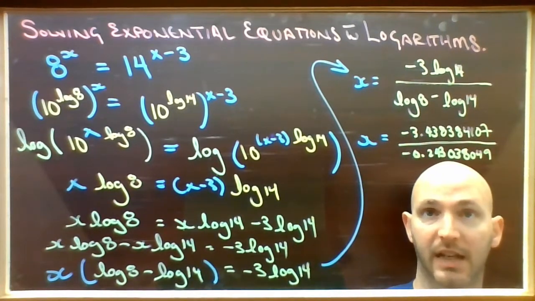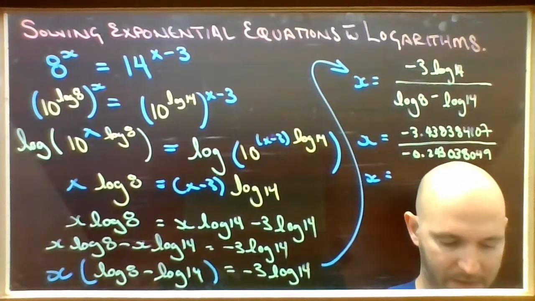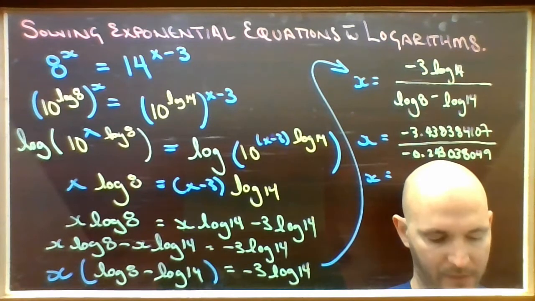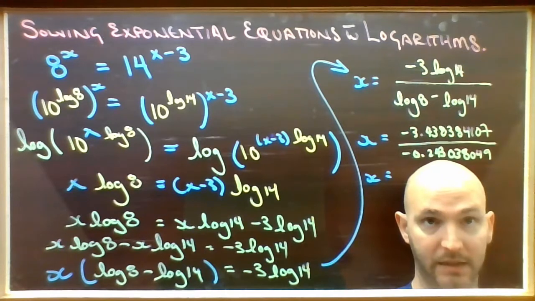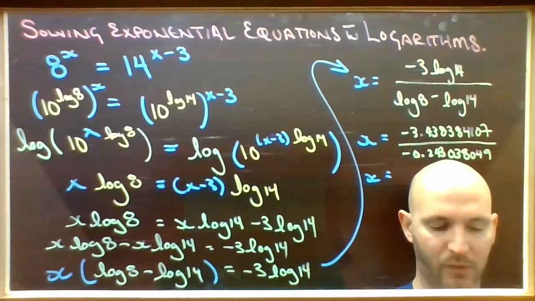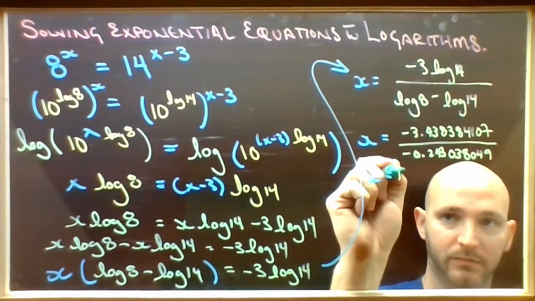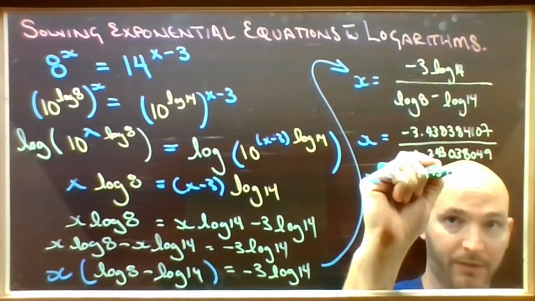And so to finish that, I have to do this number divided by that number, and I would get negative 3.43838384107 divided by negative 0.243038049, which is 14.14751361.